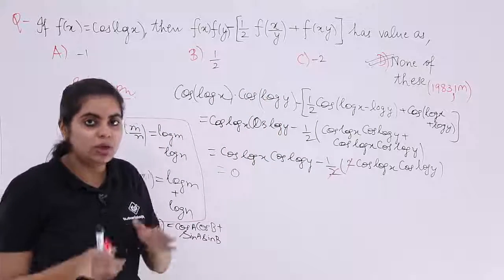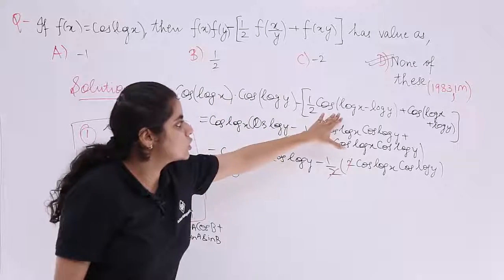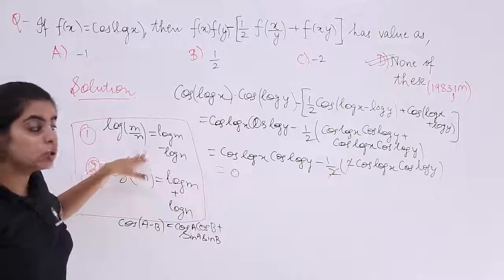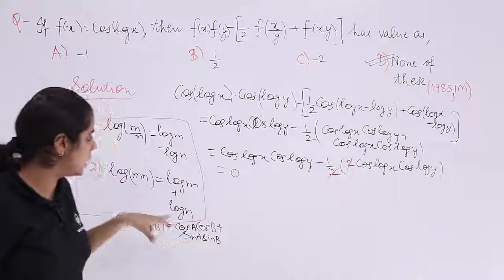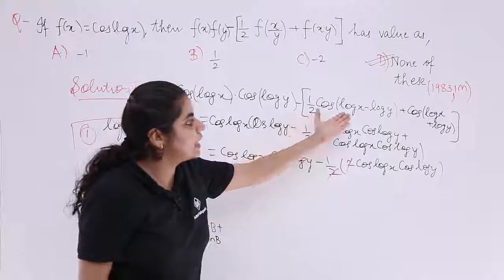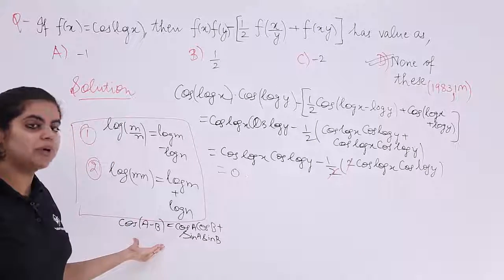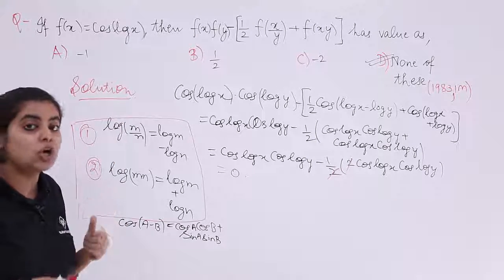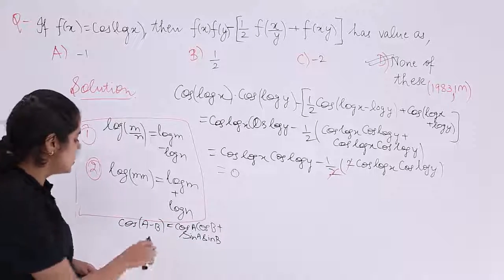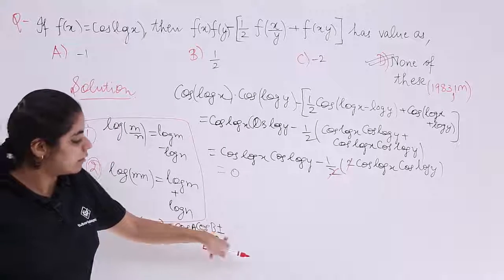Now, let's repeat how we did the question. The expression was given, we just solved the expression, used a formula for logarithm, written here, used another formula for logarithm, written again here. Then, in the next step we have the formula of cos(A minus B) and cos(A plus B). Cos(A minus B) we know already, cos A cos B plus sin A sin B. Cos(A plus B) also we know, cos A cos B minus sin A sin B. If it is plus, you have the formula in minus.